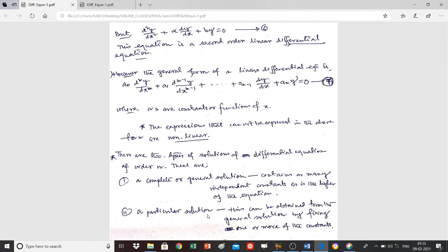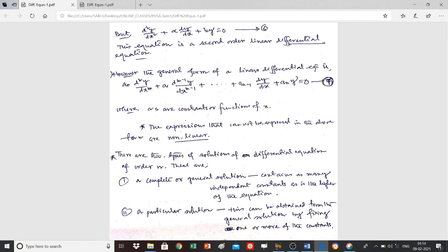So if you solve a differential equation which has many derivatives, there will be many independent constants, because it will depend on the order of the differential equation. And number two is a particular solution. Because if you solve this type of equation, where several derivatives are involved, there will be several possibilities of solutions.